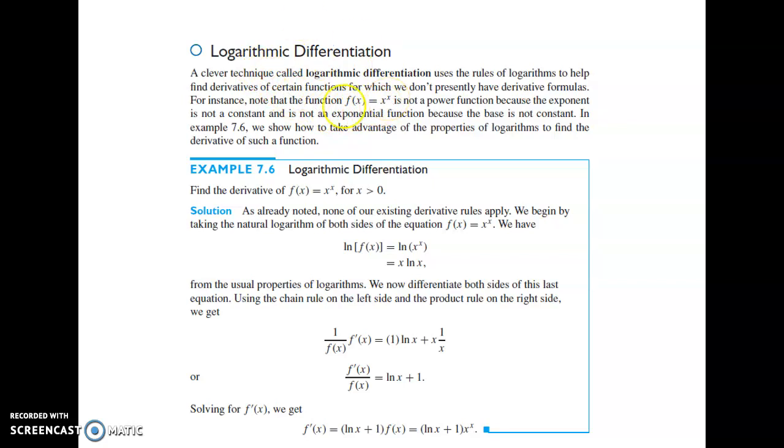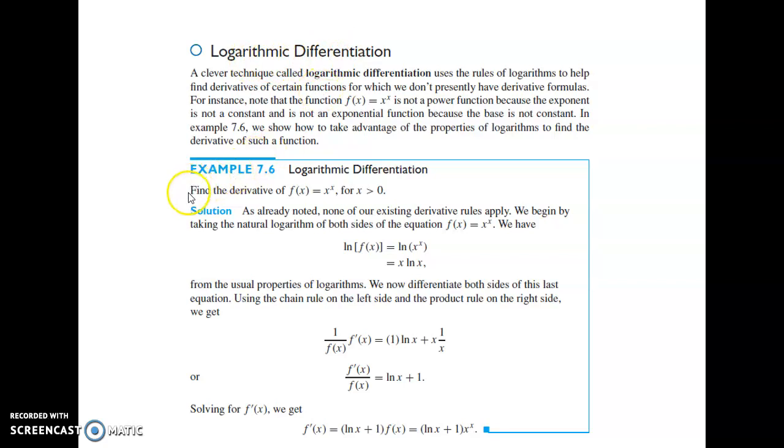Look at it, it is not a power function and it is not an exponential function. So when you have such a function where the base has x and the power also has x, then you have to use logarithmic differentiation. Here we use some logarithm laws to find the differentiation.